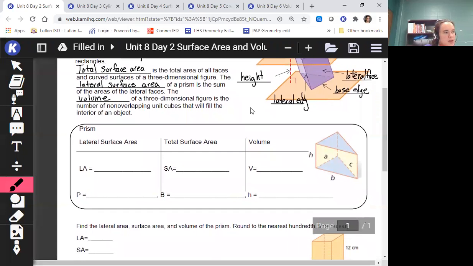So we've got some formulas for lateral surface area, total surface area, and volume. First off, some things you need to know. Capital P stands for perimeter of your base.